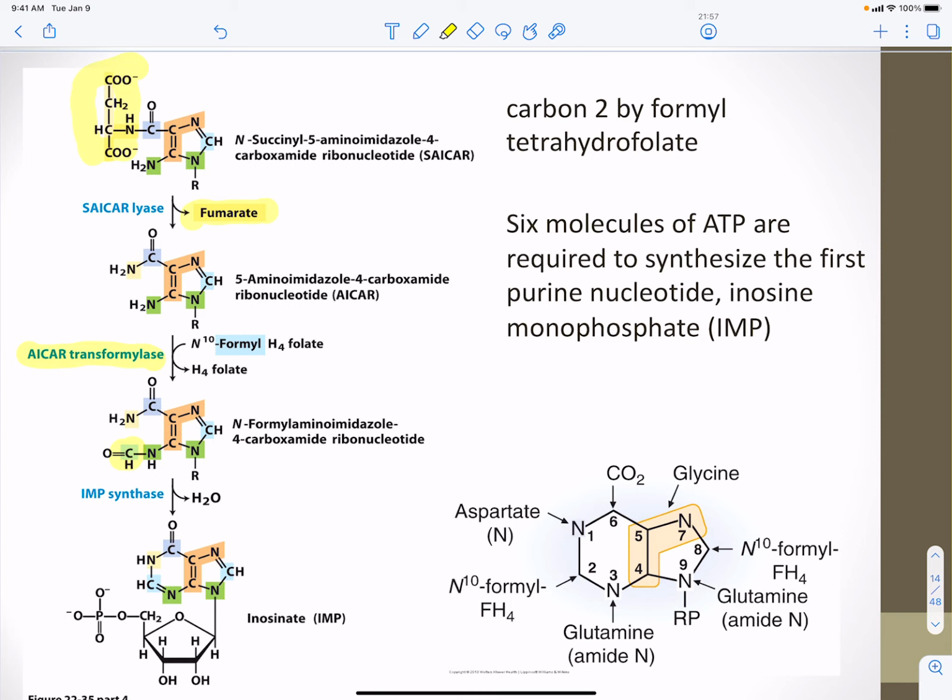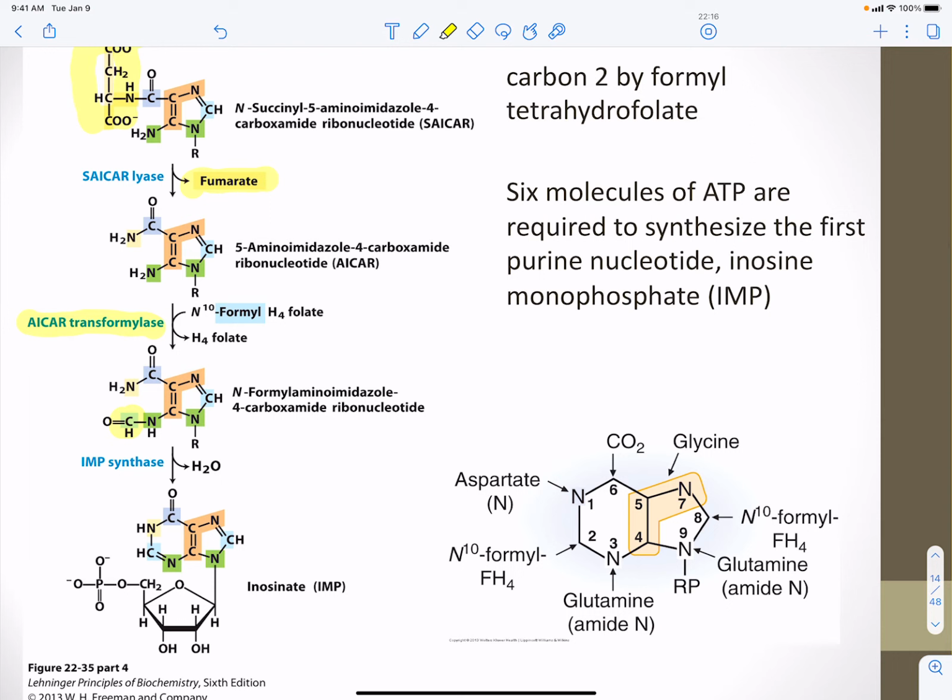You then have IMP cyclohydrolase, and it is going to basically close the loop and release water molecules. And so this took a total of 6 ATP required to synthesize this first nucleotide, which is, of course, IMP. IMP synthase is going to be regulated by feedback regulation as well.